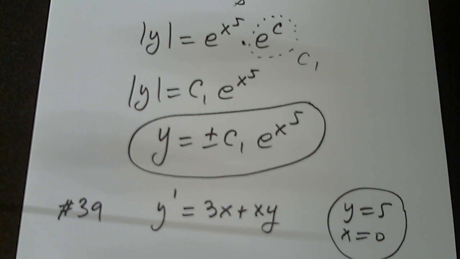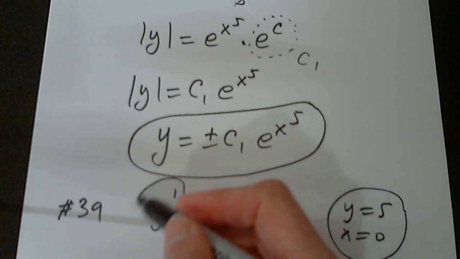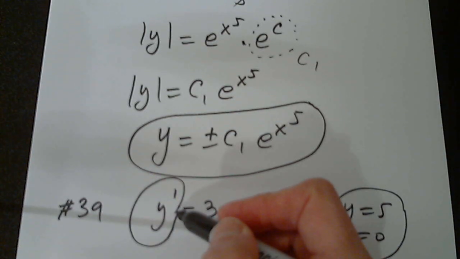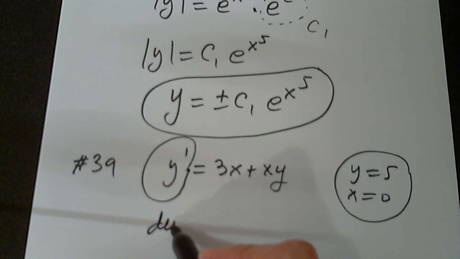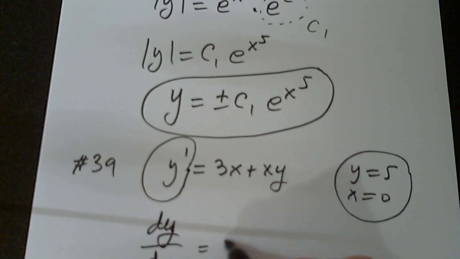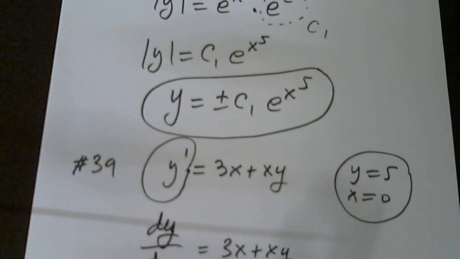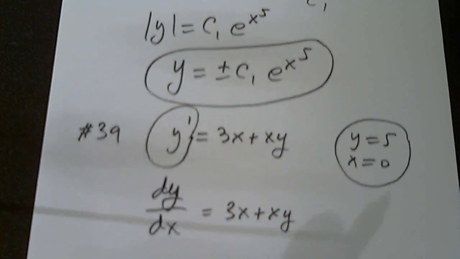Anyone? Well, I need to change, right, in the standard form, I need to change this into dy over dx. I need to multiply both sides by dx.